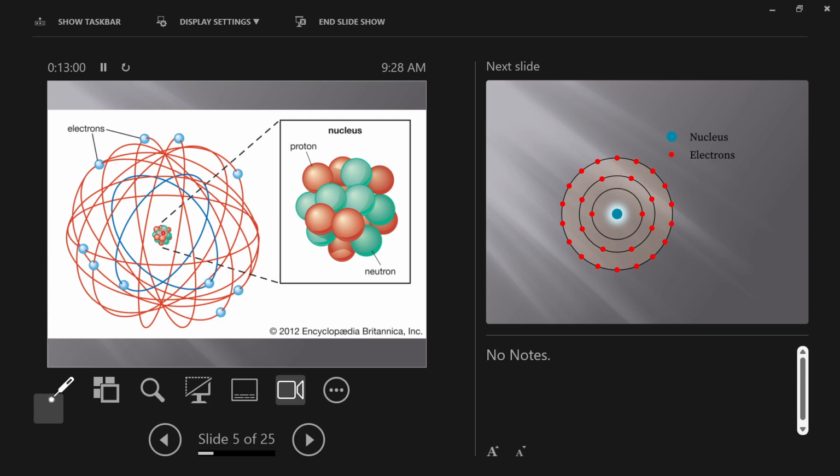They emit electromagnetic energy. So where I fall down and make a boom on the ground, electrons fall down to their lower orbits and emit a photon of light. So when electrons are moving, they must emit photons.